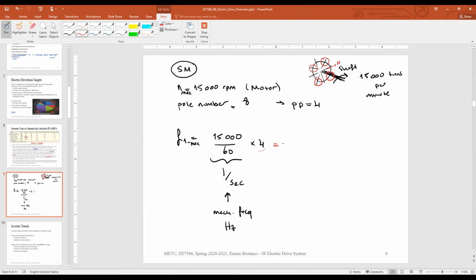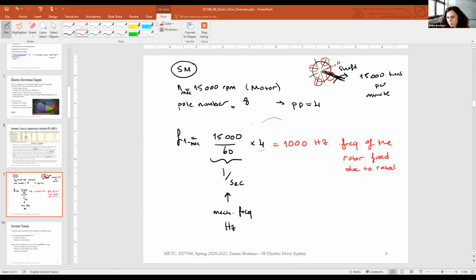This 1,000 hertz is the frequency of the rotor field, and this is a synchronous machine. This is the frequency due to the rotation of the rotor field, and this should correspond to it.